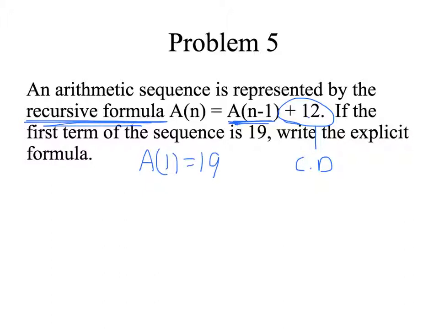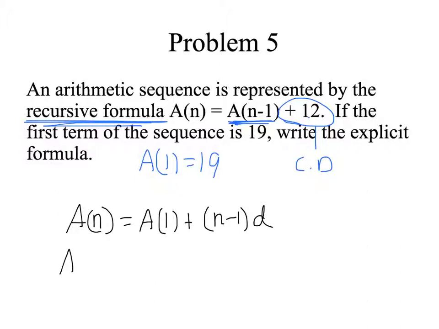To write your formula, explicit or recursive, you always start with A1. But in an explicit formula, you have to state what the first term is. So you state A1 plus the n minus 1 term times d, which represents the common difference. That's just the generic formula for any explicit formula. So for this formula, we want to make it a sub n.